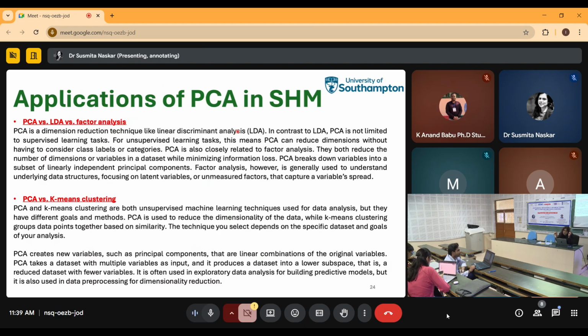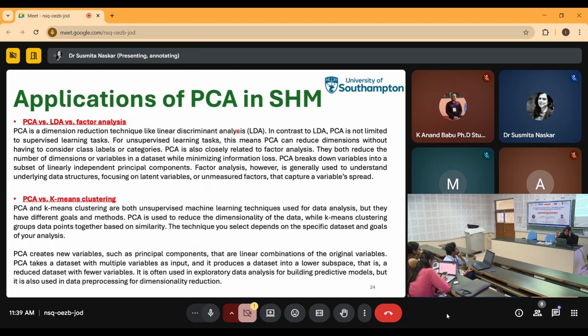We do linear discriminant analysis when you have labeled states. When you don't have labeled states, that's when you use PCA. When you know whether it's healthy or damaged, you label these things, and you want good low-dimensional separation, that's when you use LDA. Factor analysis is another development, a latent variable model, and it explains the covariance quite well.